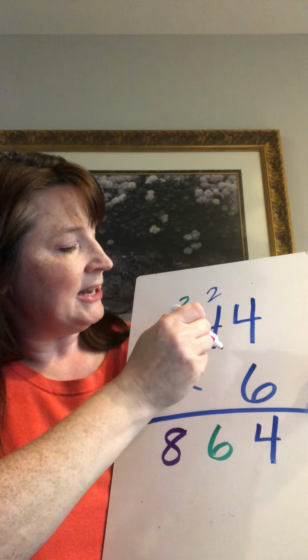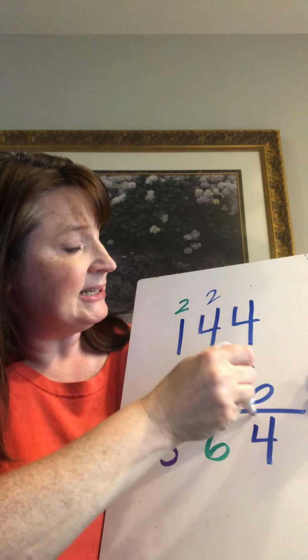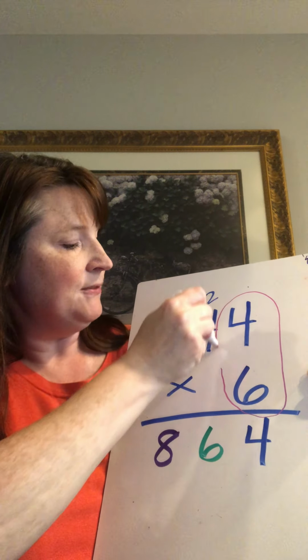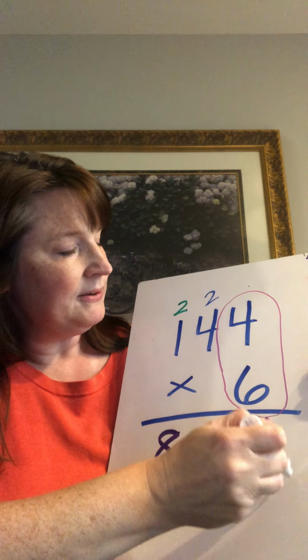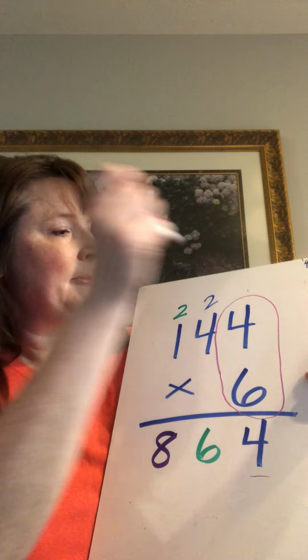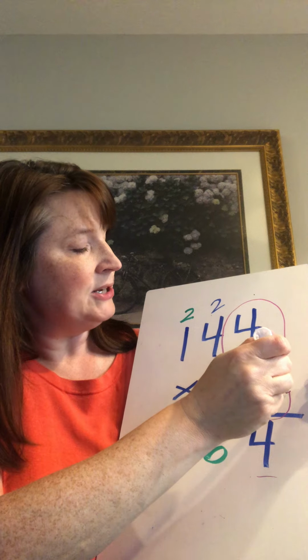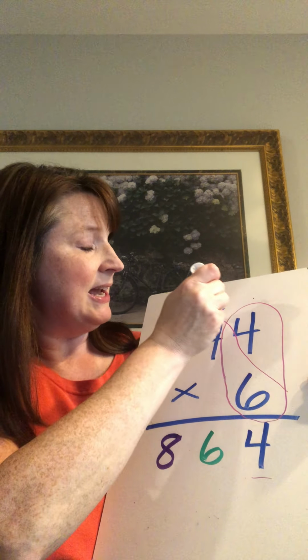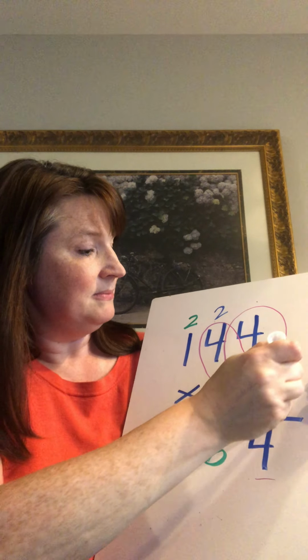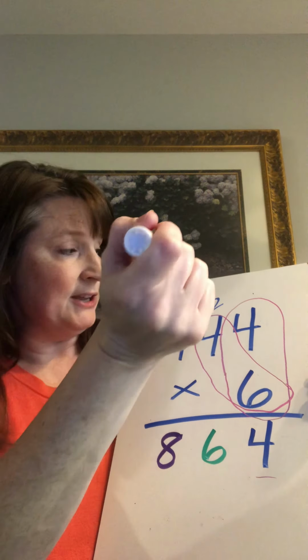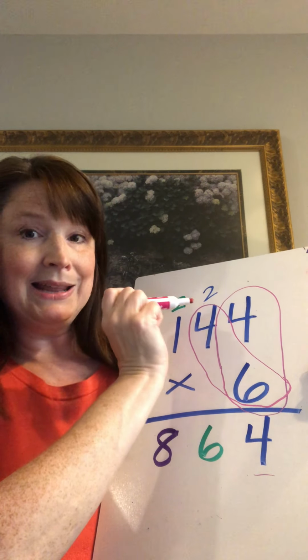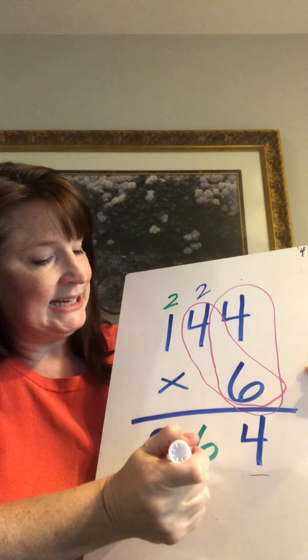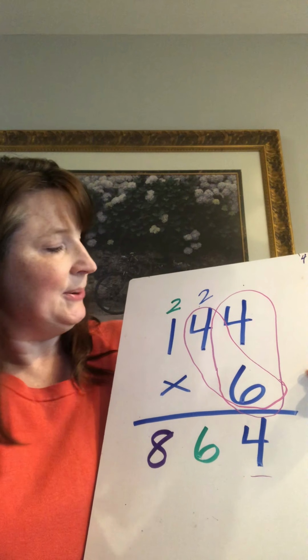So, again, I'm going to start here in the ones column. I'm going to do 6 times 4, which is 24. So the 4 goes here, and I carry the 2. Okay. Then I'm going to look at that tens column and do 6 times 4 again, which is 24. But we have to add in that 2, so 25, 26, which is how I get the 6 here.